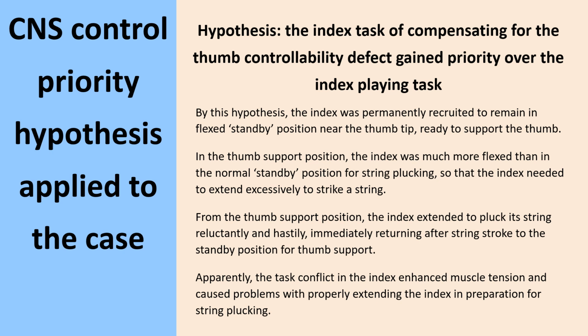In the thumb support position, the index was much more flexed than in the normal standby position for string plucking, so that the index needed to extend excessively to strike a string. From the thumb support position, the index extended to pluck its string reluctantly and hastily, immediately returning after string stroke to the standby position for thumb support. Apparently, the task conflict in the index enhanced muscle tension and caused problems with properly extending the index in preparation for string plucking.